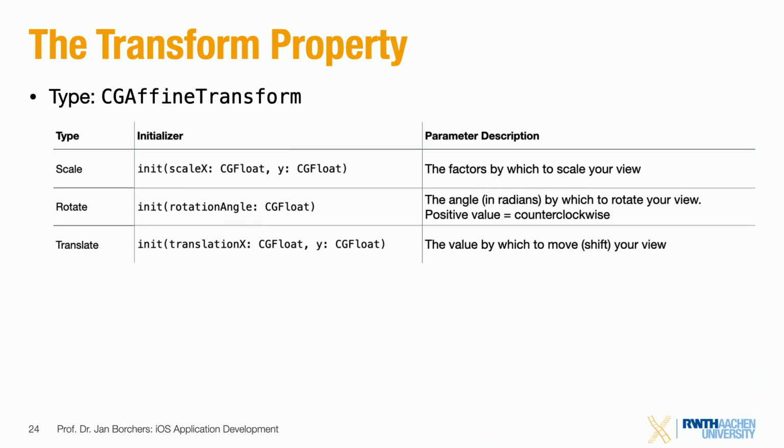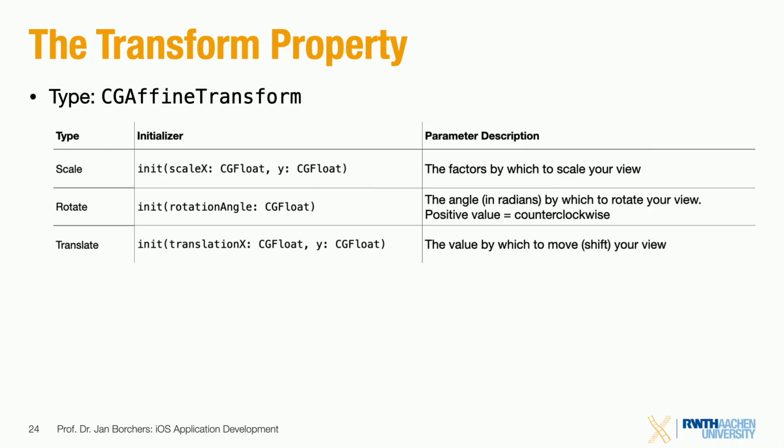An affine transform is essentially a 3x3 matrix that defines where each point goes after the transformation, right? So it takes you from an untransformed view to a transformed view. And iOS, thankfully, so you don't have to do all the math yourself, provides helpful standard initializers for these transforms.